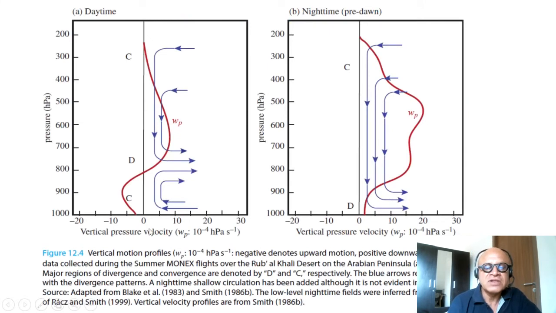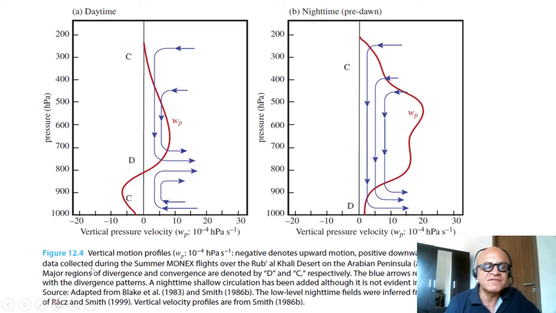So vertical motion profiles are shown here in 10 to the minus 4 hectopascal per second, in the pressure coordinate. Negative denotes upward motion, so you have negative numbers when the W is upwards because you have pressure decreasing with height, and downward is positive.